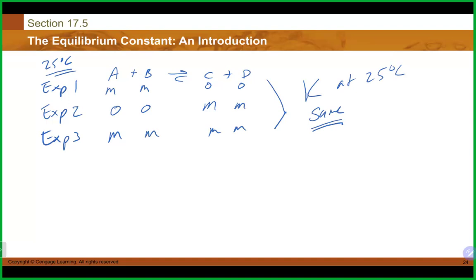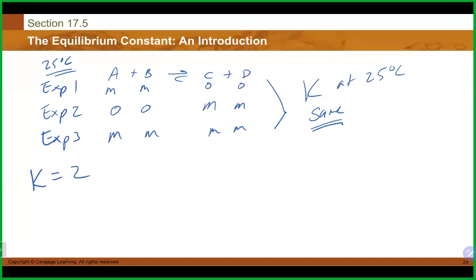And sometimes people don't understand that. They go, wait, in this experiment, I used twice as much as I did in the first one, or I used all products in this one and reactants in this one. How can they all get to the same K value? The simple explanation is this. Let's say you wanted the K value for this reaction to be 2.